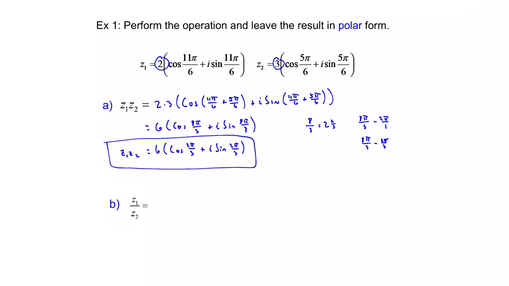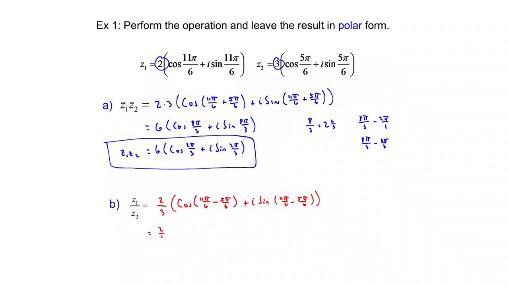Let's go ahead and do the next one. Now we're doing division, so we will take, in order, 2 divided by 3, and then cosine of 11 pi over 6 minus 5 pi over 6. Same thing with sine, so plus i sine of 11 pi over 6 minus 5 pi over 6.